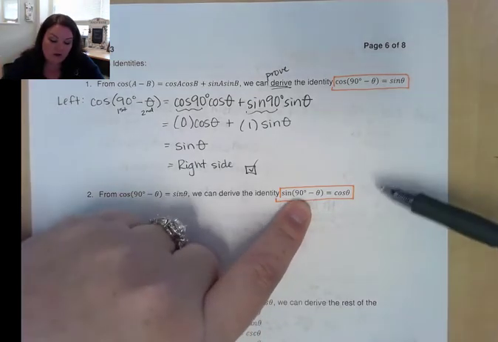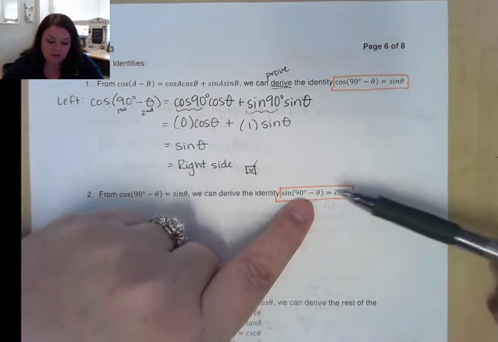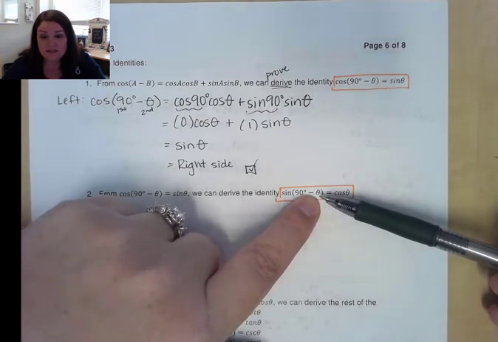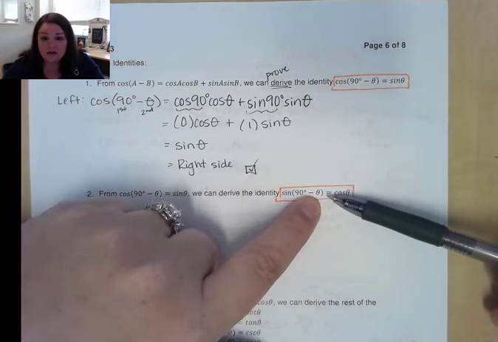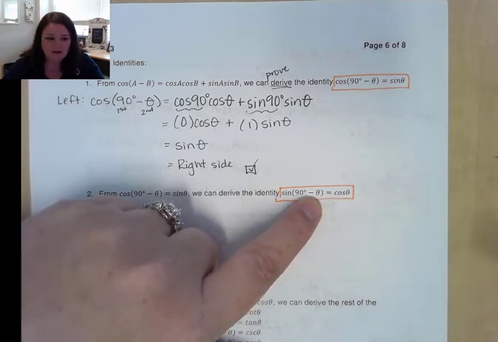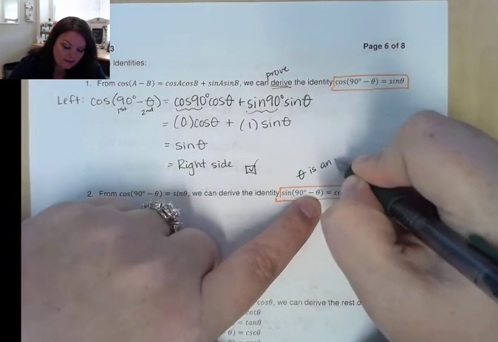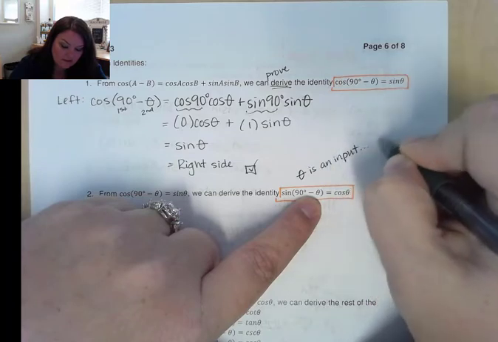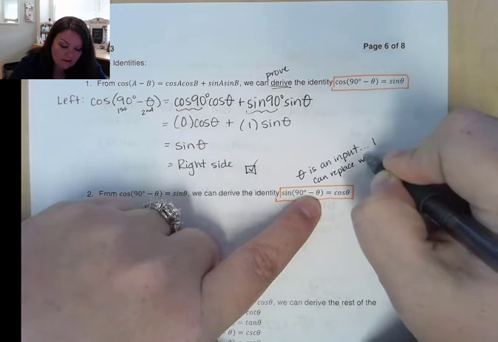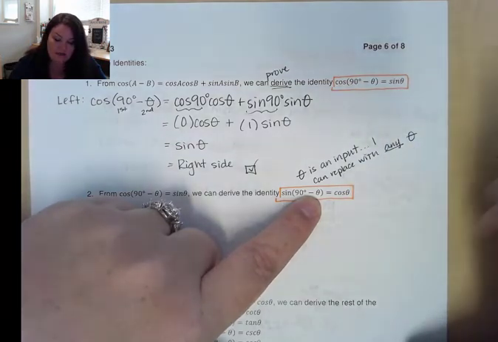Okay, now we are using a generic example, so that's true for all cases, right? So 90 minus theta, where theta is any value between 0 and 90, right? I can pick anything I want for this theta. So I'm just going to write up here, theta is an input, so I can replace it with any theta, right?